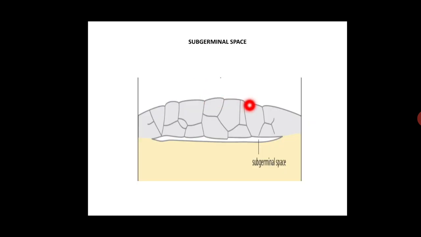This is blastoderm, this is yolk, and this is a small thin space in between blastoderm and yolk and is called subgerminal space.